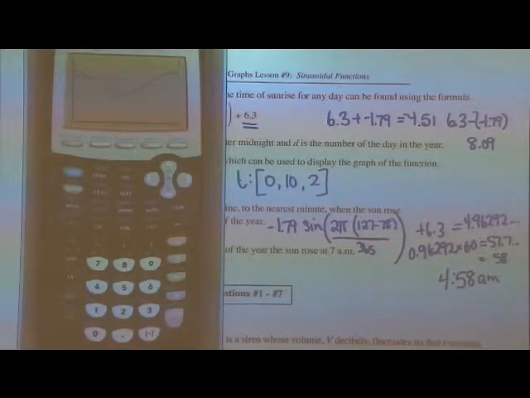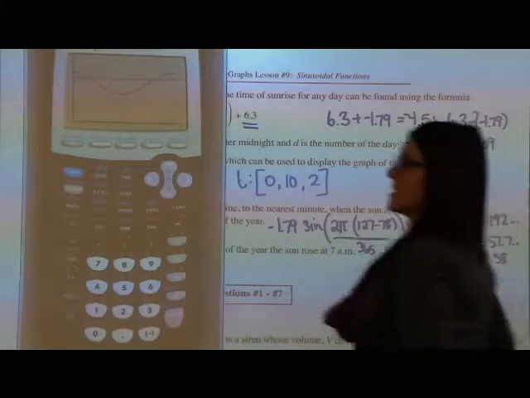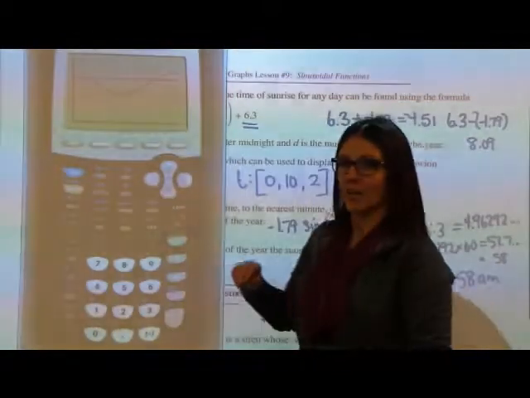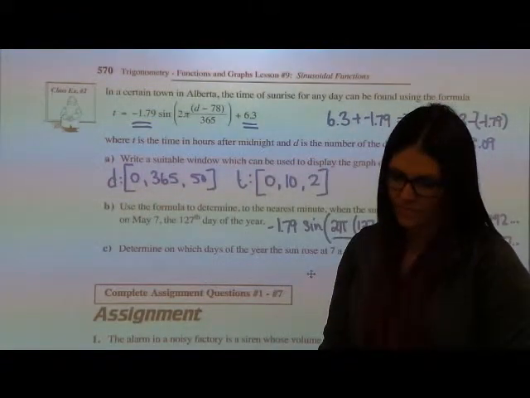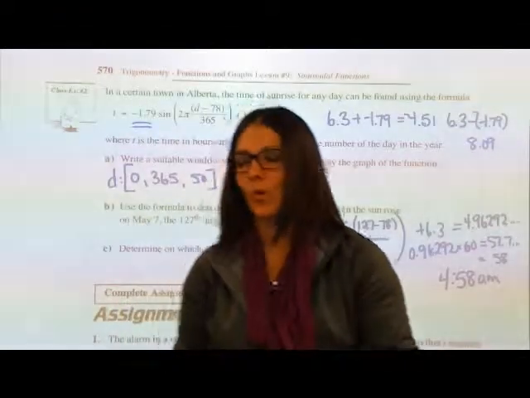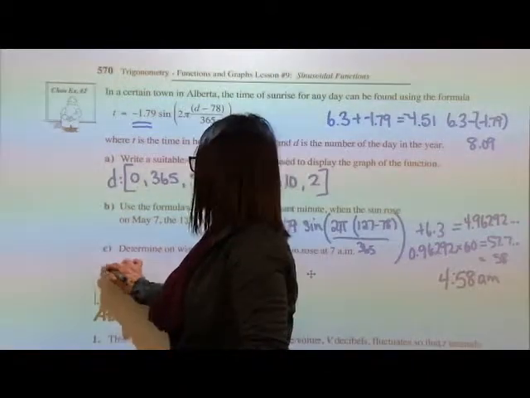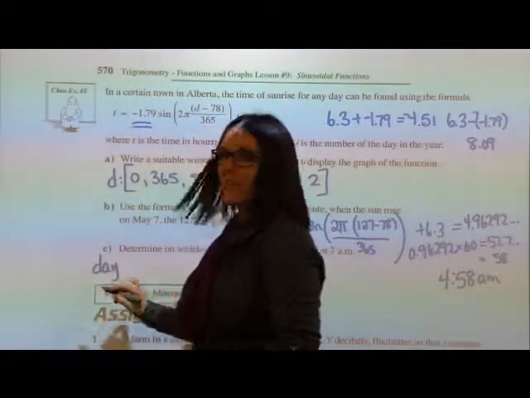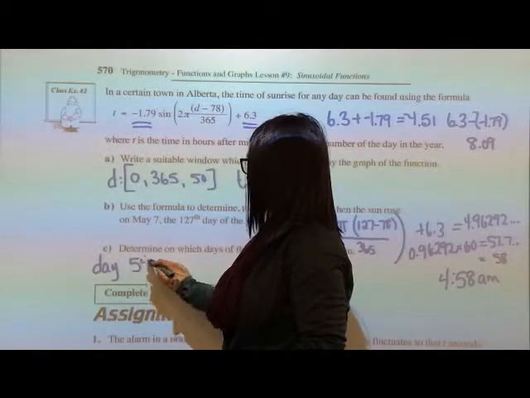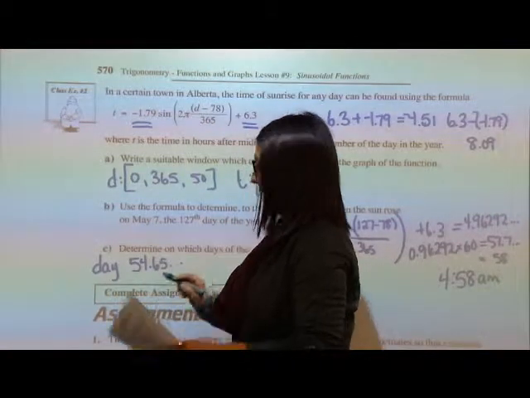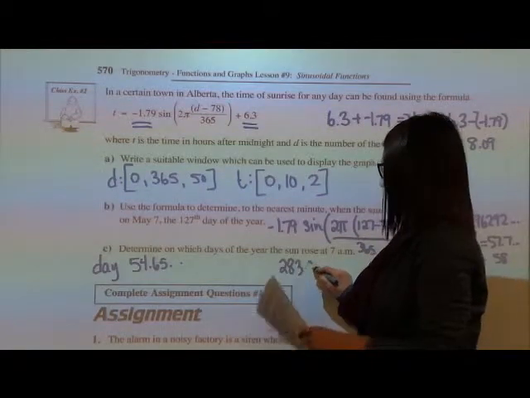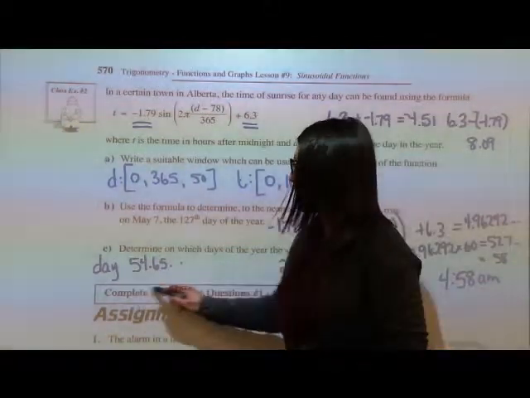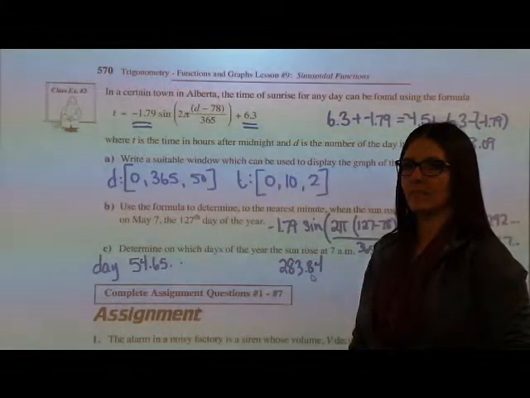Okay, so here's my graph that comes up, and you'll notice that the sun will rise at 7 o'clock in the morning 2 days of the year. So what are those days? So what do I get for unrounded numbers? I get day... down to? Day 54 or day 55?